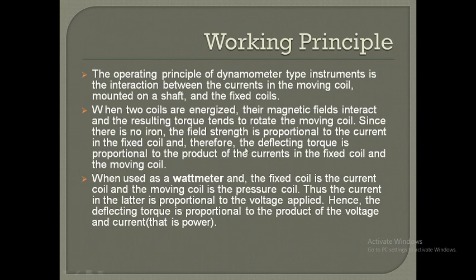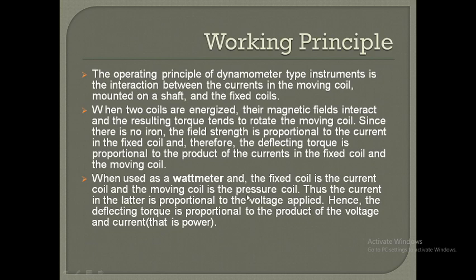A current carrying conductor placed in a magnetic field experiences a force or torque, so the deflecting torque is proportional to the two operating magnetic fields, which are proportional to the currents flowing in the fixed coil as well as the movable coil.